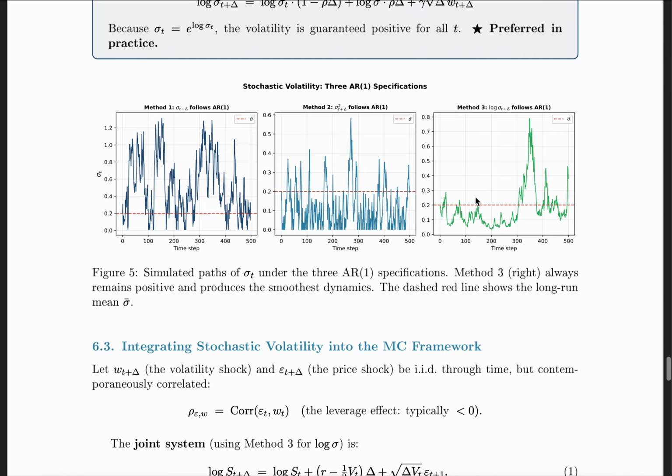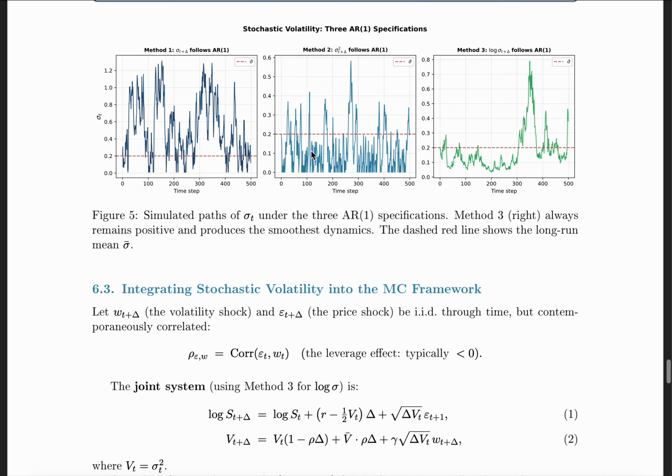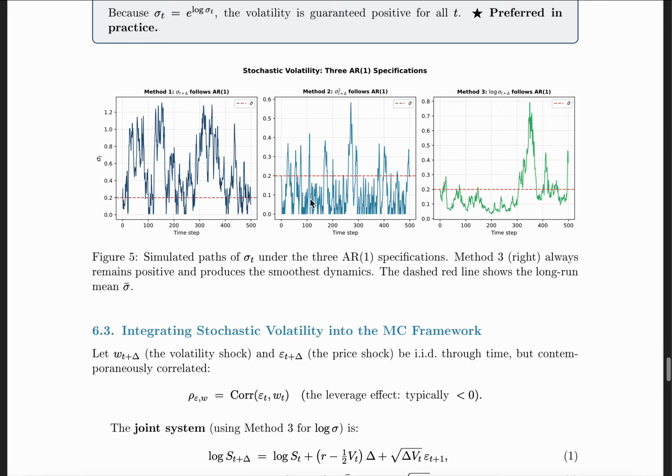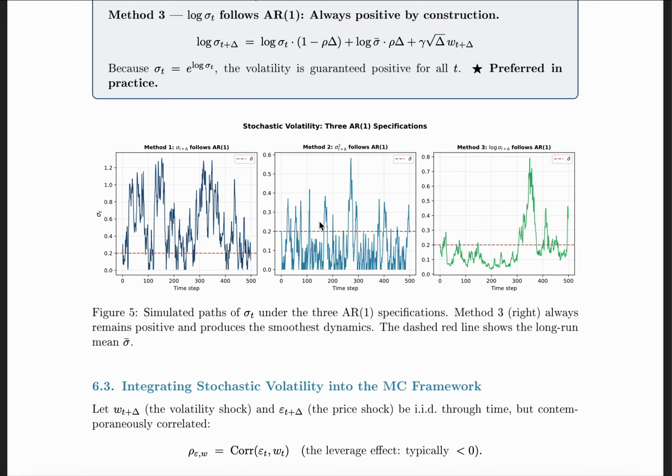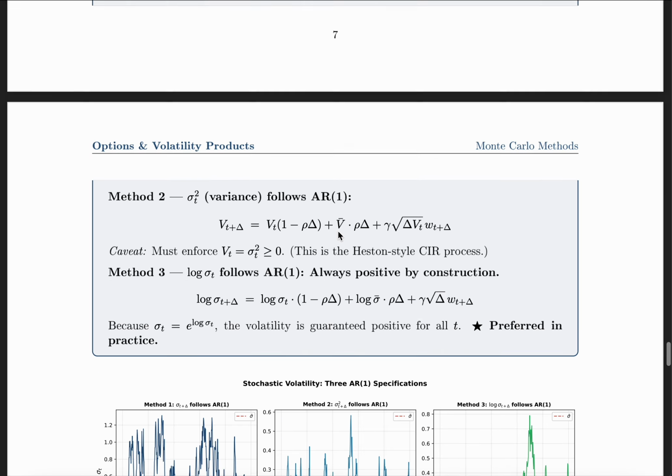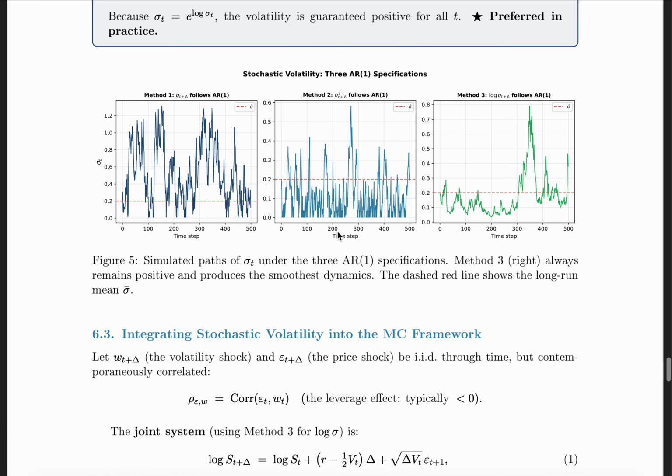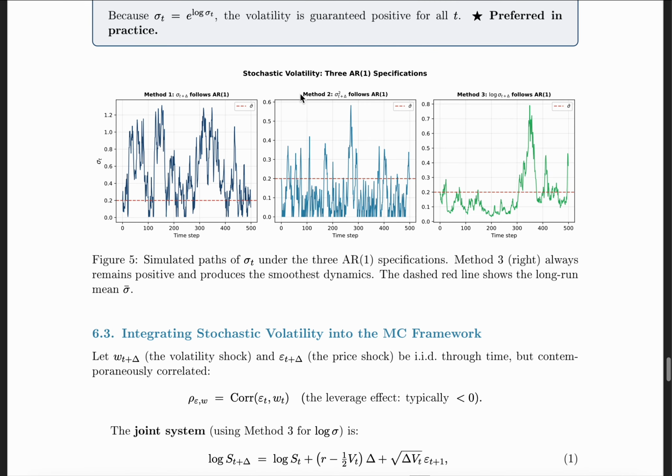As you can see, they all have distinct characteristics. However, what we notice is that, especially for the case of log sigma, sigma itself never goes below 0, as compared to some of these other ones where it tries to go to 0, and we would have to find a way to effectively cut it off. So those are the ways that we can use an AR1 process to model volatility.